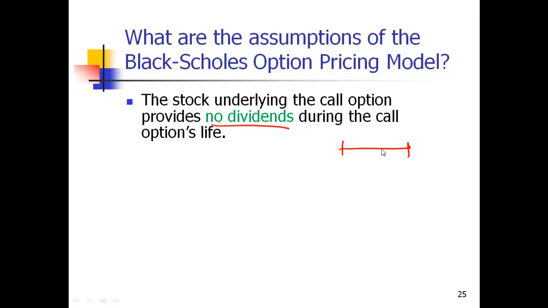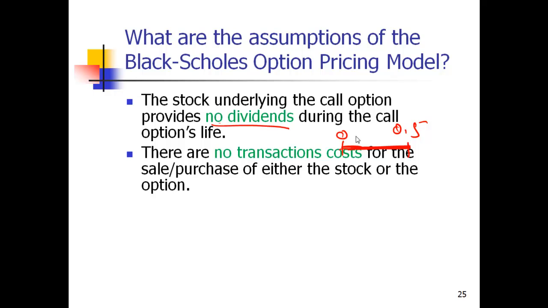So if you hold an option for half a year, you are assuming that during the option life, in this formula that we will see on the next slide, the underlying stock does not pay a dividend. We are assuming here an uncovered option, in the sense that we are valuing just the option. Right now, just assume you are not holding the stock, you are just holding the option.